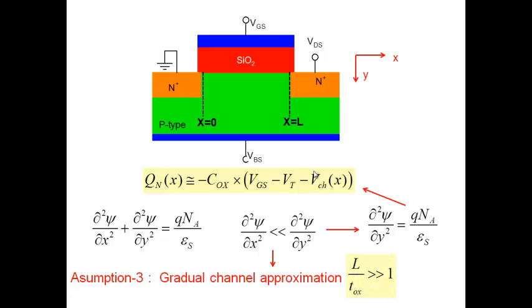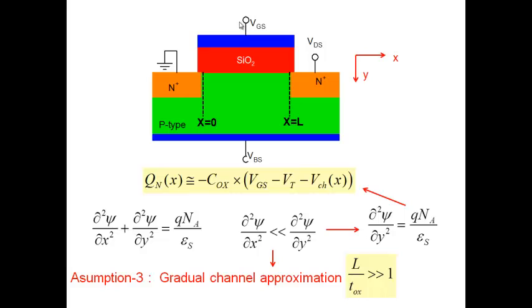Now, the voltage along the x-axis, let's say you have applied 4 or 5 volts, and the voltage along the y-axis is also around 4 or 5 volts. The gate voltage and the drain voltage, at least in saturation, are the same. So the field in the x direction would be something like VDS by L, the average field.